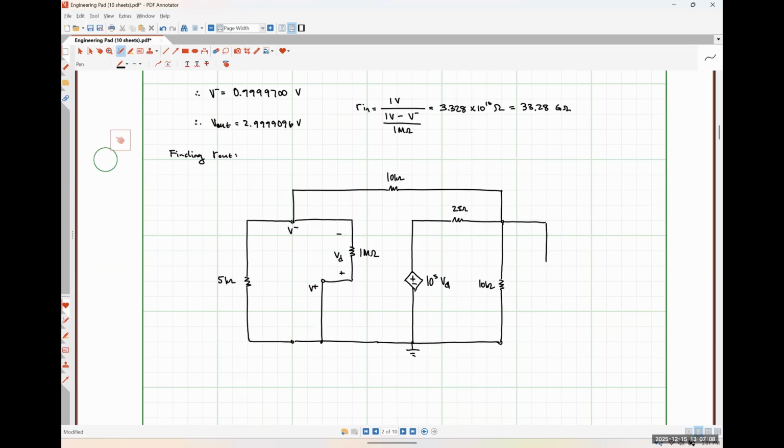So there's going to be a 1 volt source between my output terminals like so. And now I'm going to try to find this test current. And 1 volt divided by that I test will be the resistance seen looking into the output terminals of our op amp.